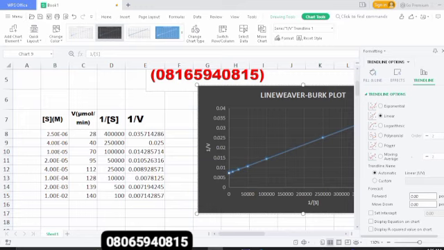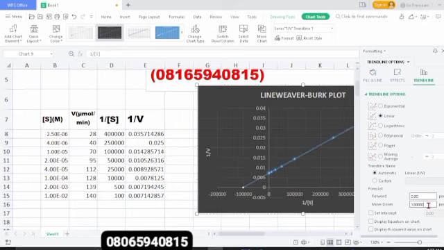Leave everything as they are and come to this forecast, and come to this move down, backward. Here I am going to input 100,000 because of the unit I have on this x-axis. I press enter, and as you can see, it has extrapolated it onto the negative x-axis now.